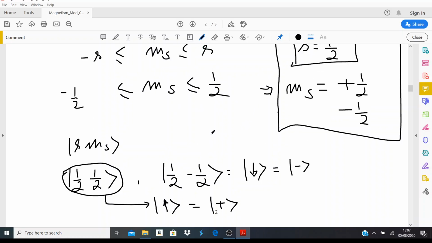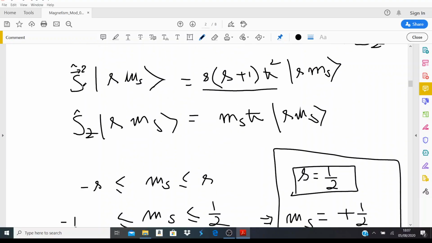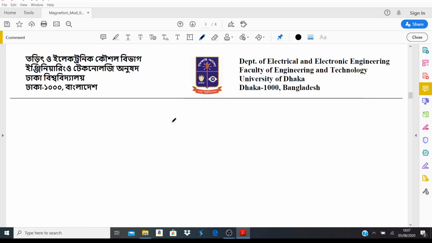Now let's try to understand what the values of the eigenvalues are, right? So I am operating on a spin up state with Sz, and what it should give me is Ms times h bar times the up state, right?